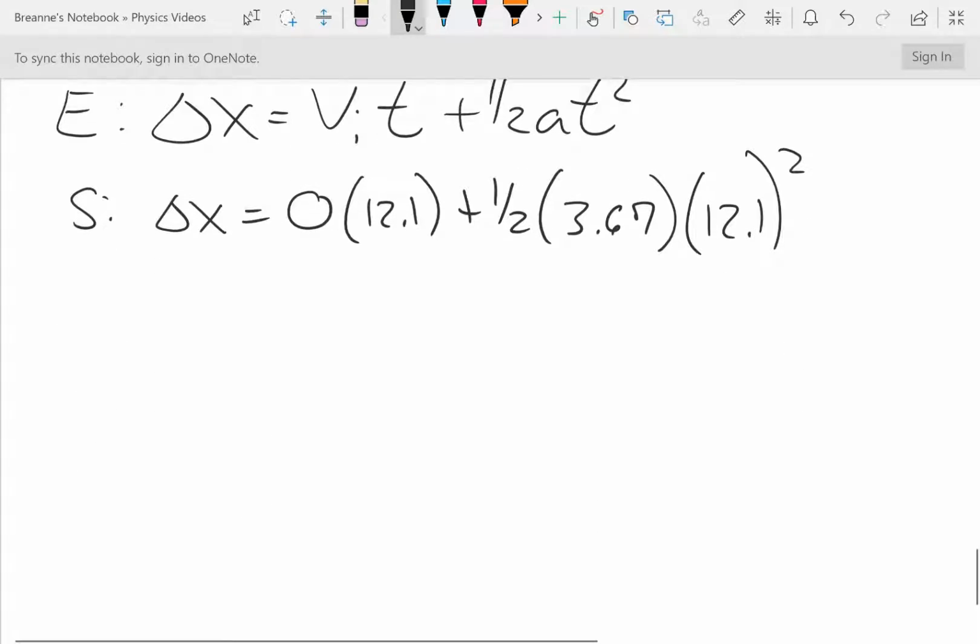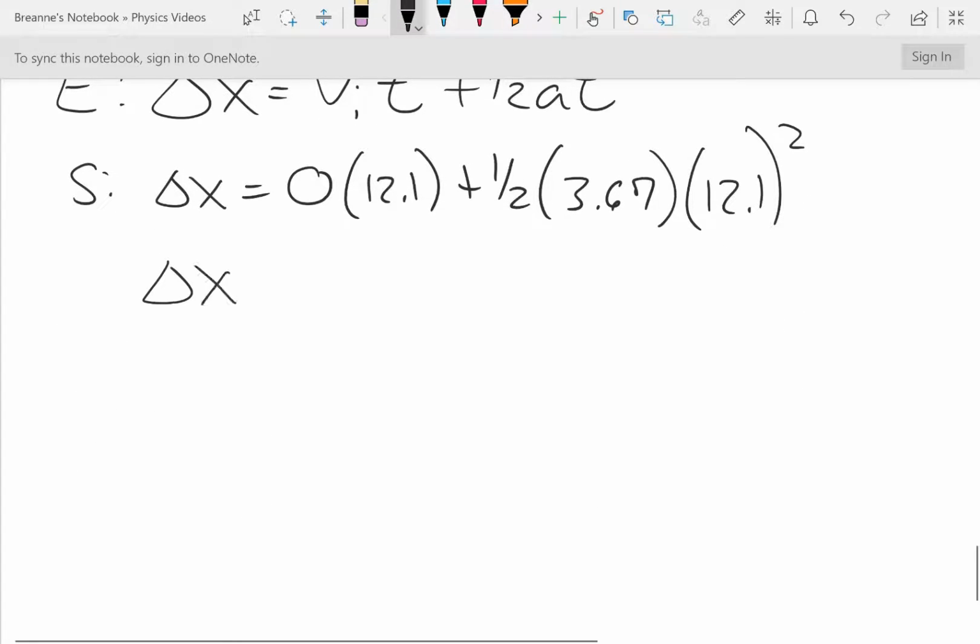Do not forget to square it. And again, at this point in time, it just becomes an algebra problem. So 0 times any number is 0. So that just goes to 0. And then you have to do the squared first.